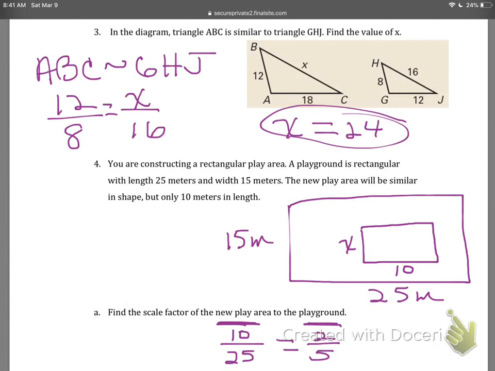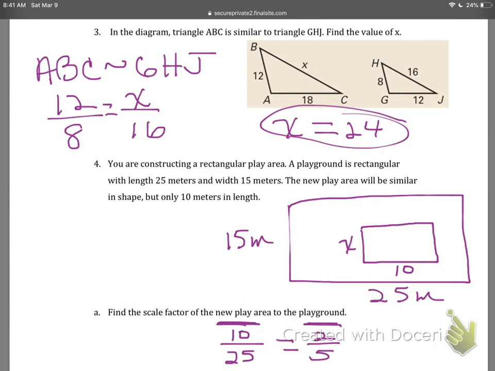If I couldn't do that, I could say 10 divided by 25. I get a decimal, and then I can say math, fraction, enter, and I get the fraction 2/5. Okay, so that's done.